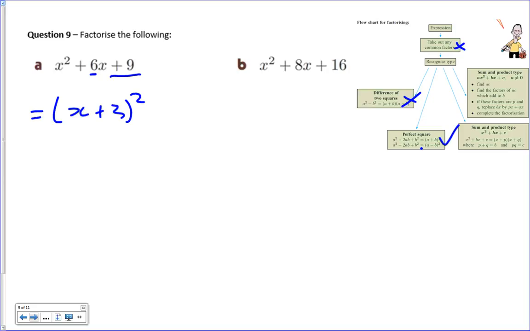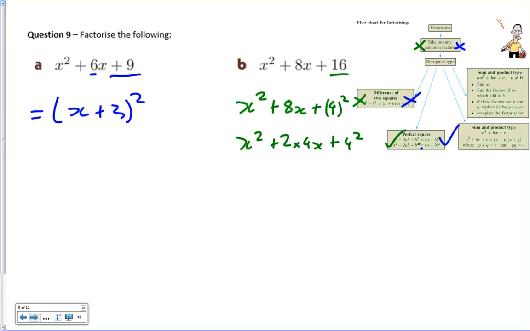Then again, we look at the next one. There's no common factors. It's not 2 terms, so it's not a difference of 2 squares. So let's have a look at this. 16, that's a square number, so I could write this as x squared plus 8x plus 4 squared. So it's definitely that one. And 8x happens to be, so I could write this as x squared plus 2 times 4x plus 4 squared.